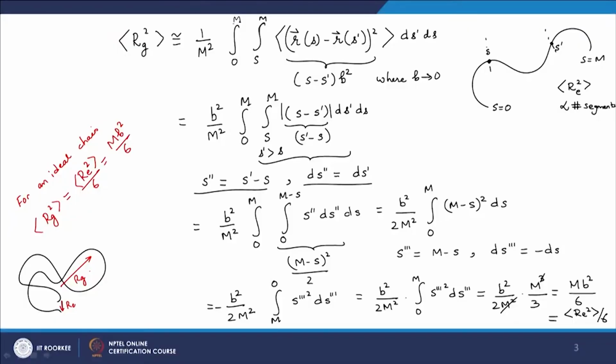Now I want to give you a demonstration of what happens if the chain is not ideal, and how we proceed with the calculation of the radius of gyration and its square.